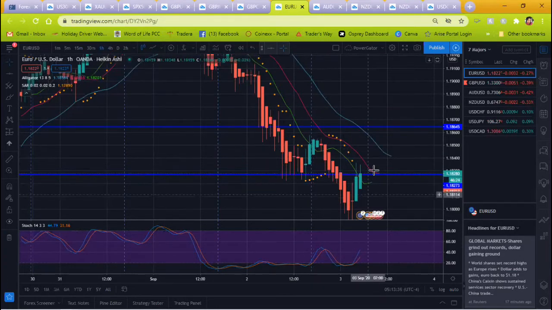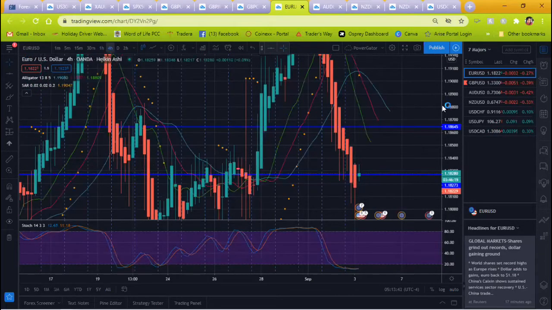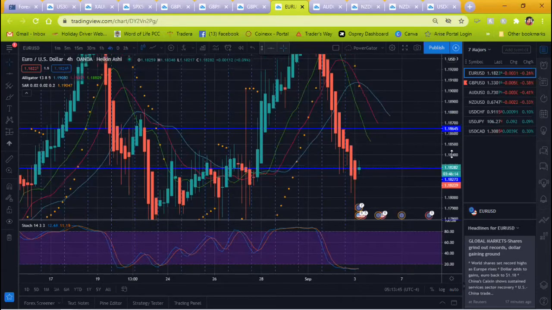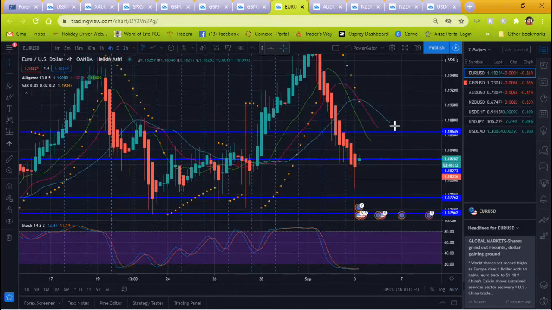Look at the alligator starting to turn. Okay, the 4 hour is in a sale. And I'm going to bring that down a little bit so that you're able to see. The green has crossed the red and the blue. Alligator mouth is open. It's in a sale, but it does have a little pullback. But that candle looks like it's getting ready to change anyway.